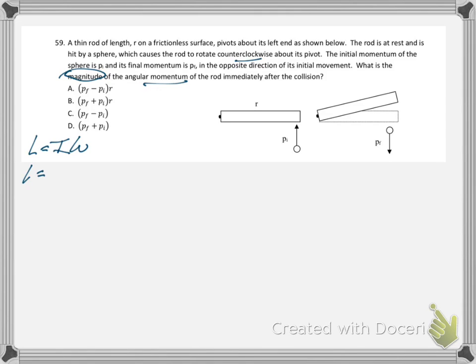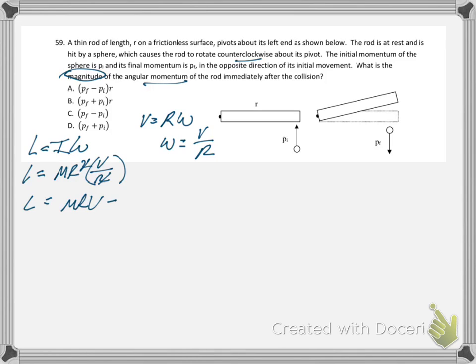Moment of inertia is going to equal mr squared in linear terms, and angular velocity we can relate by saying linear velocity over radius, so this will cancel out the square, and we have L equals mrv, or mv times r.